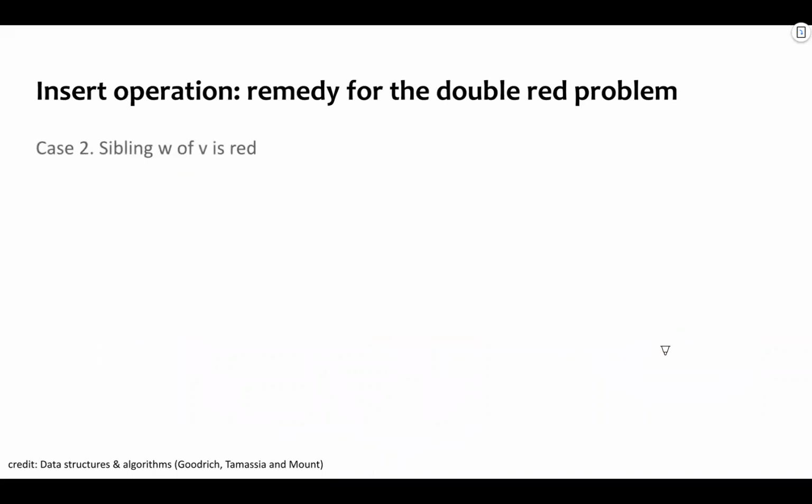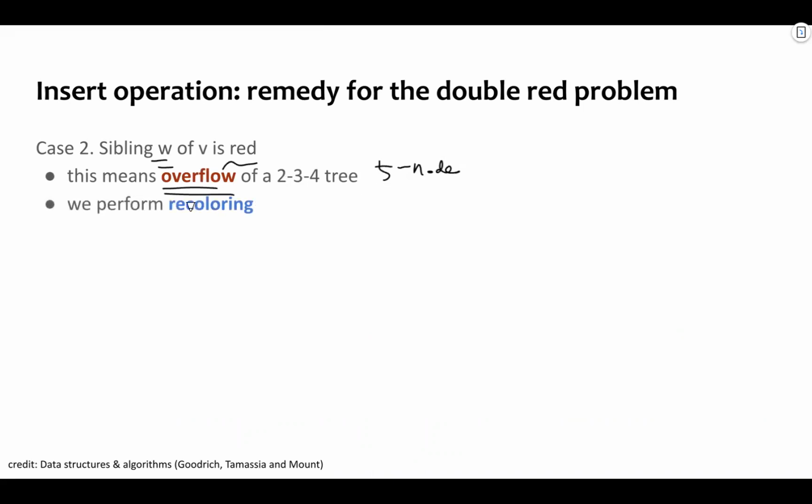And case 2 is when the sibling W is red. And what does it mean? This means overflow. It is a 5-node. And we're going to perform something called recoloring. So this is the case.